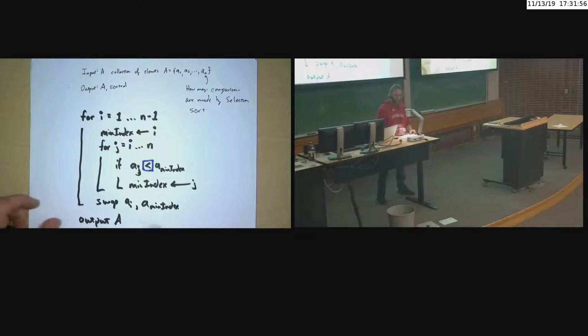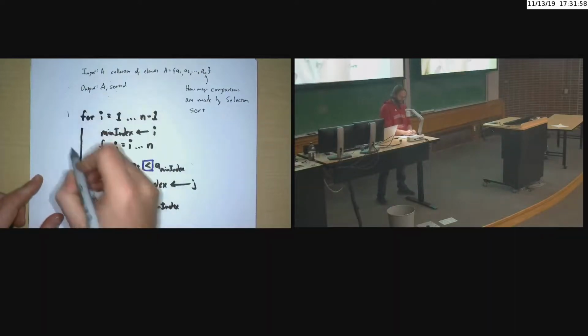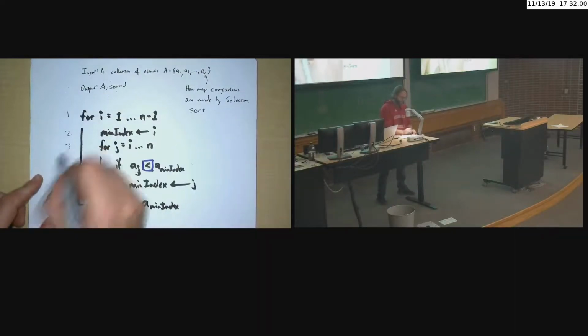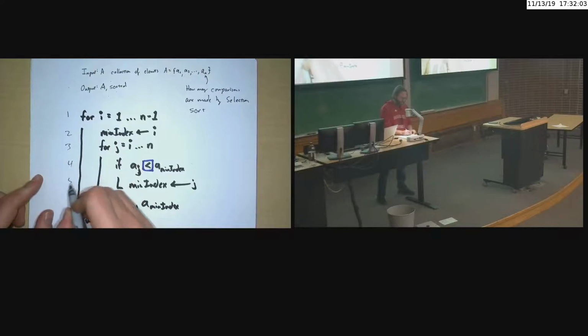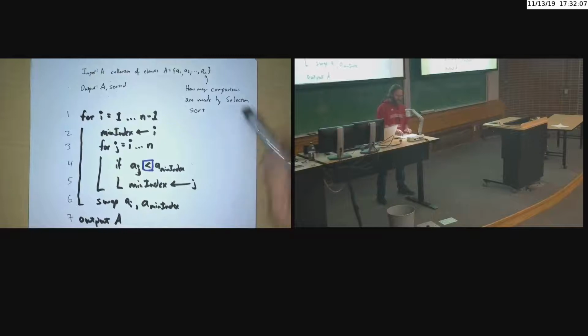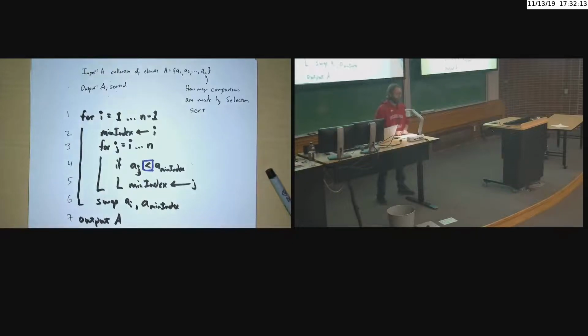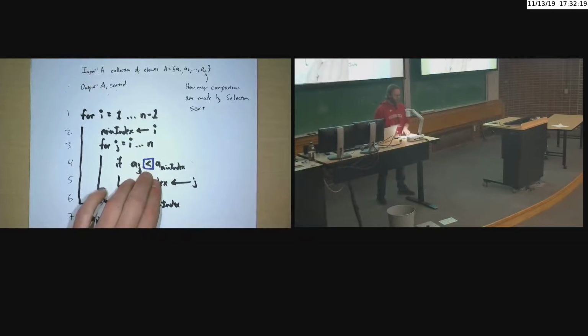Now, it might help to number these lines so that we can refer to them. 1, 2, 3, 4, 5, 6, 7. And if you focus on, we call this the elementary operation. If you focus on only one elementary operation, then that means that you can start ignoring other things. The question becomes, how many times does it get executed on line 4?